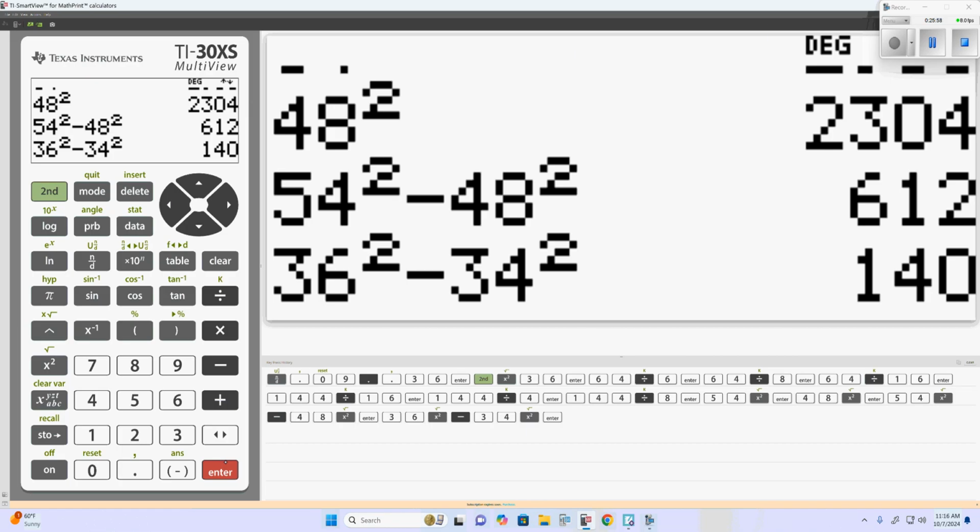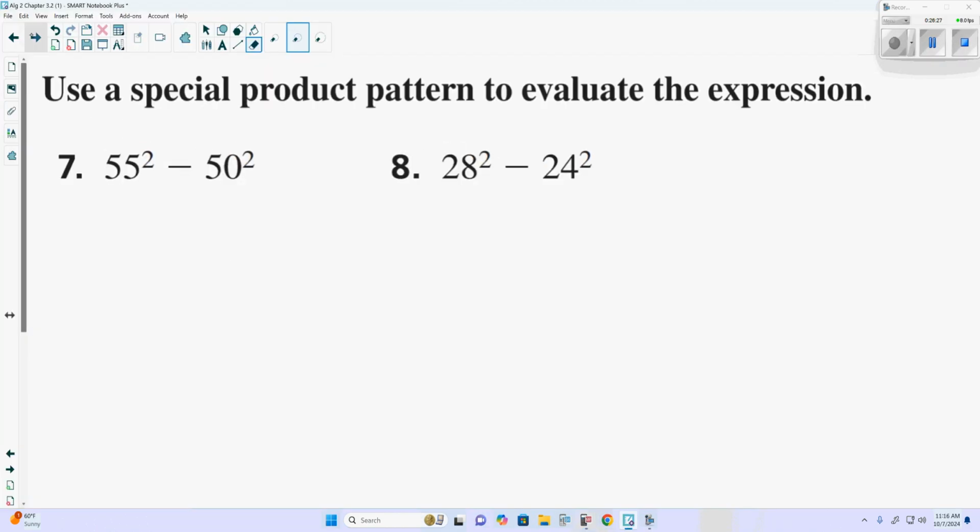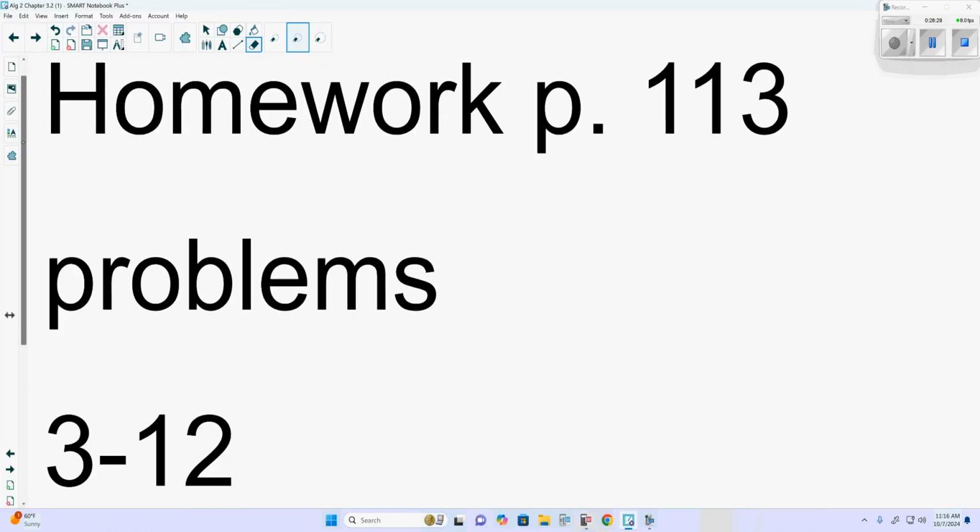It's all numbers. 36 squared minus 34 squared. Well, you can just straight up put these into the calculator. Now this method's helpful if we don't have one. It makes actually solving this a lot easier. We don't have to do the squares of each and then subtract. But the calculator will do this just fine. That's it. 3 through 12.